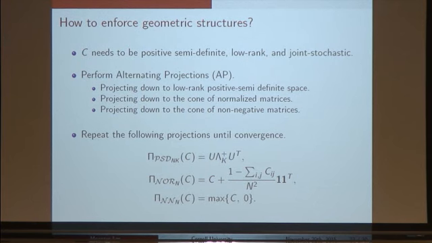Briefly, the intuition is that the sum must be equal to 1, so compute the difference between the current sum and the ideal sum, take the entry-wise average, and basically penalize or reward based on that. And the non-negative matrix cone is pretty easy.